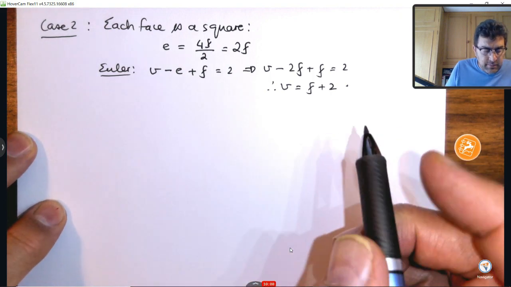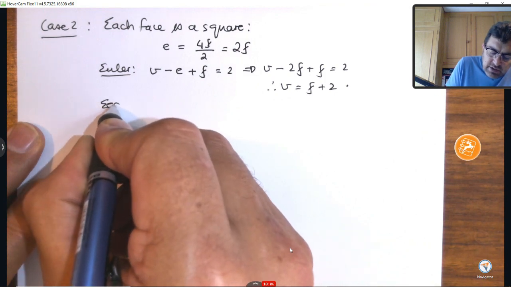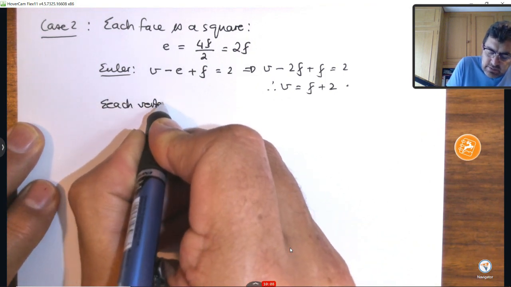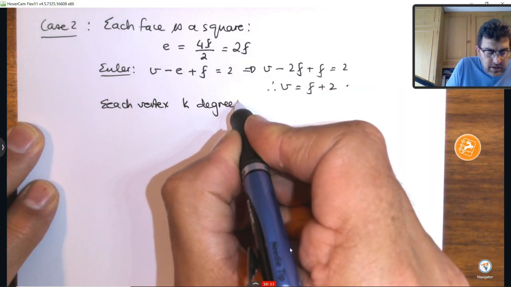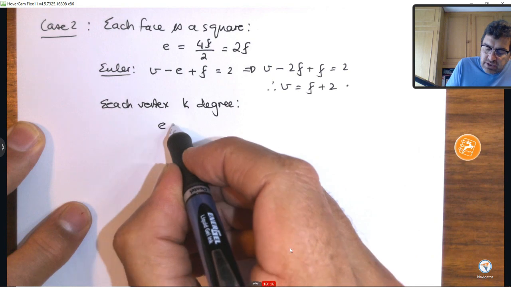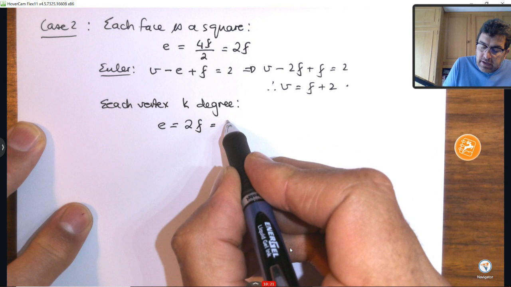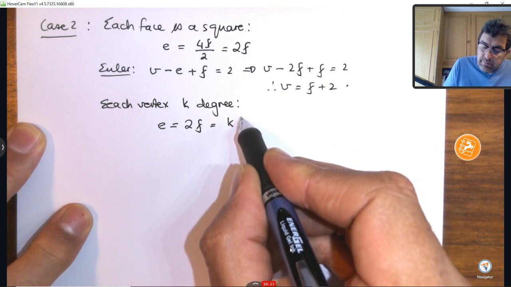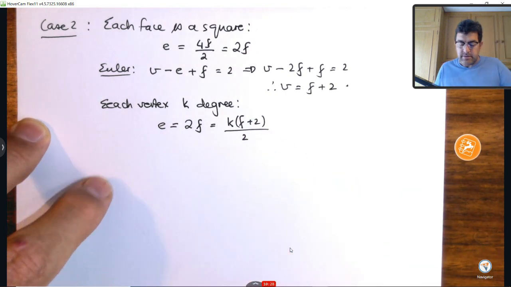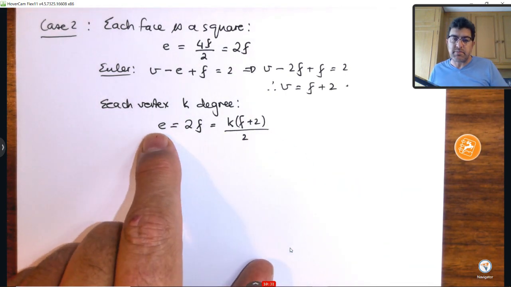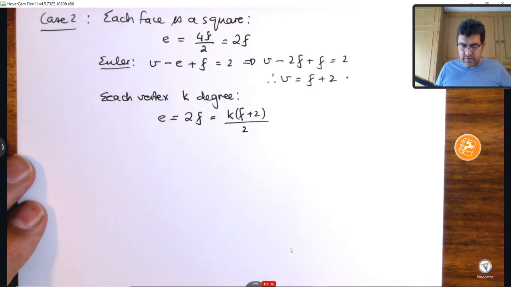Okay, counting the edges using a degree of k for each vertex. So each vertex has degree k. Then we get the number of edges, which we already know is twice f, and that will be k times the number of vertices, which is f plus 2, halved. Remember, there's two vertices for each edge, so we halve them and we have the number of edges.